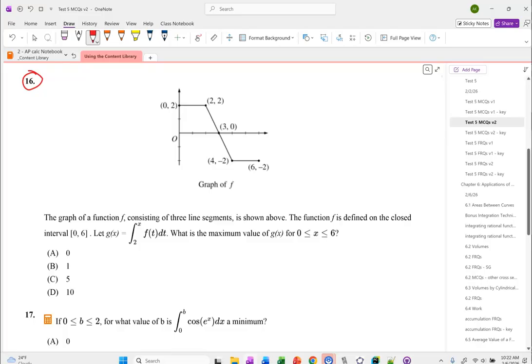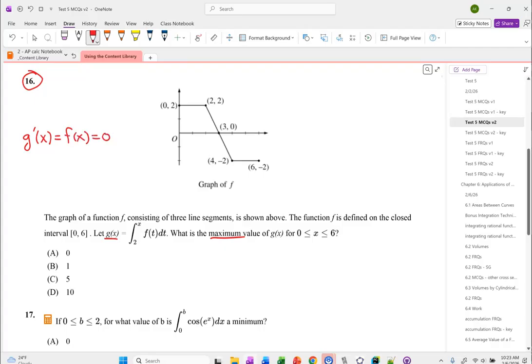Who's got the answer? What do we start by doing? We're looking for a maximum or minimum. We need the derivative of g, which is f of x, right?